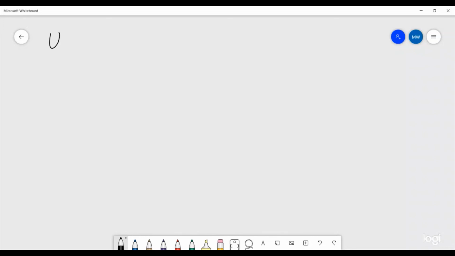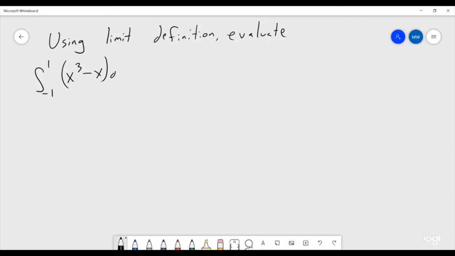So, using the limit definition, evaluate the integral from -1 to 1 of x cubed minus x dx, and the integral from 0 to 5 of 3x squared minus 5x plus 2. Okay, evaluate both of these using the limit definition.